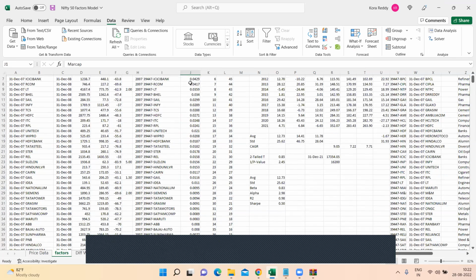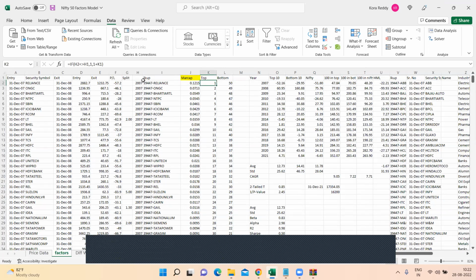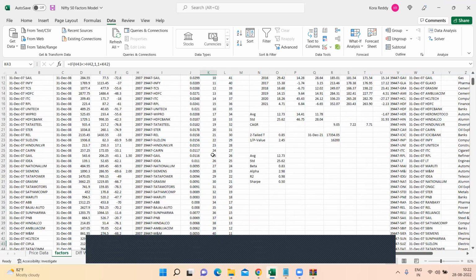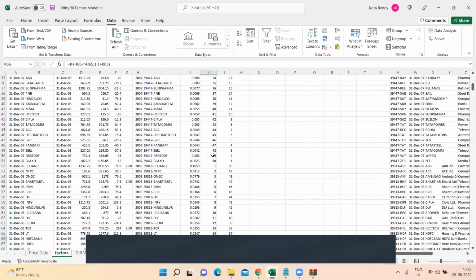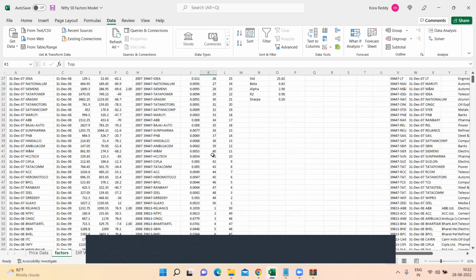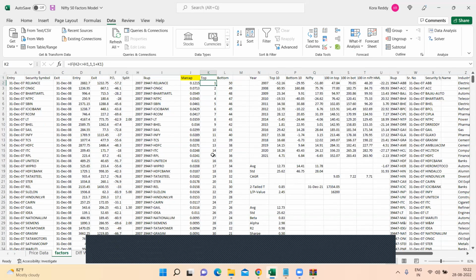Now what I've done here is if H2, that is the year, is the same, you keep adding. So Reliance is number 1, ONGC is number 2, Bharti is 3, 4, like that you will get. And as the year changes, you will reset to again 1. So your market cap rank of a particular company is taken care of. This is in top to bottom.